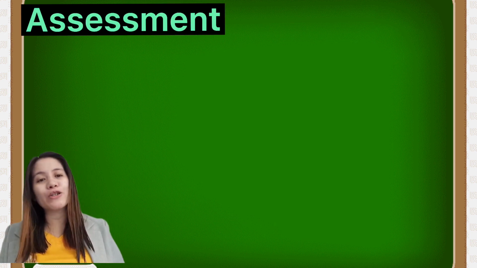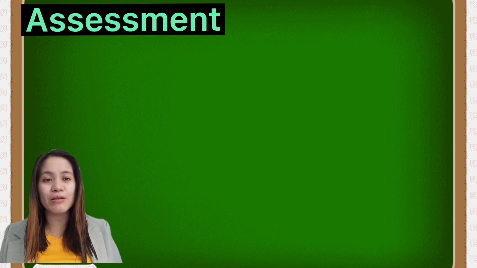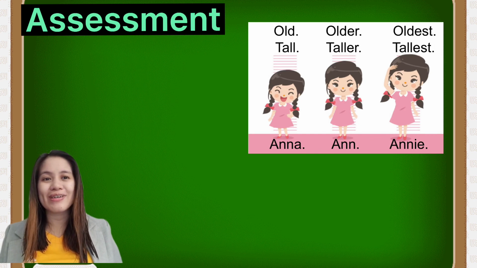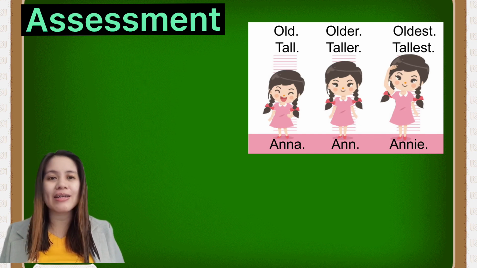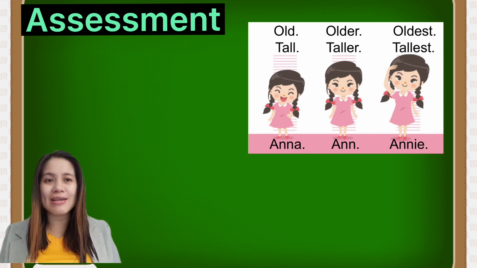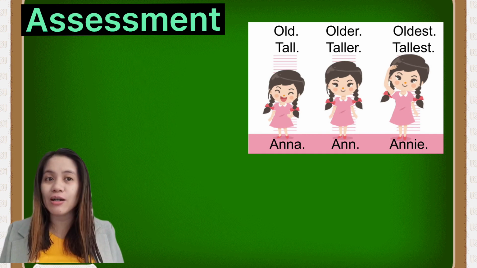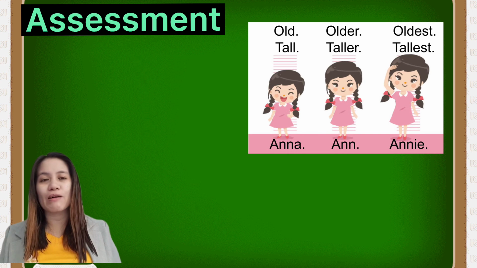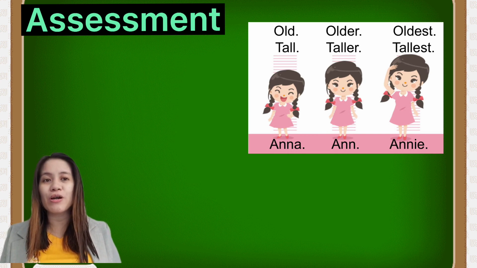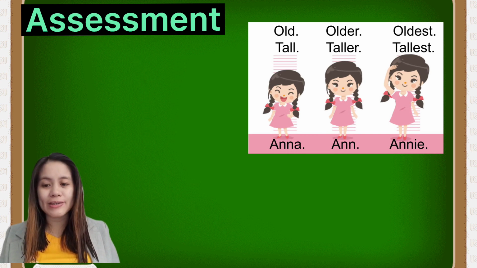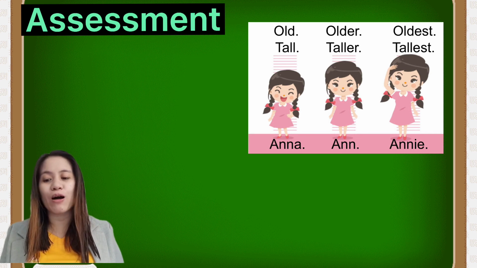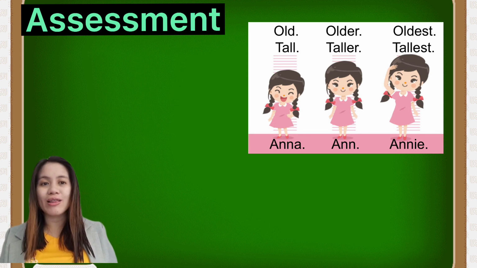So we already know the words and the sentence patterns. Now let's have a short assessment. So I want you to observe the table shown. Okay, so we have Anne, Anna, and Annie. So these three girls are being compared to each other. So we have old, older, oldest. And we have tall, taller, tallest.